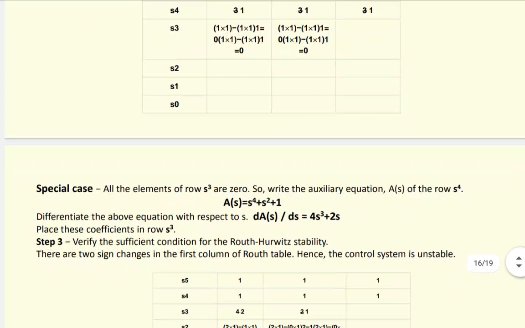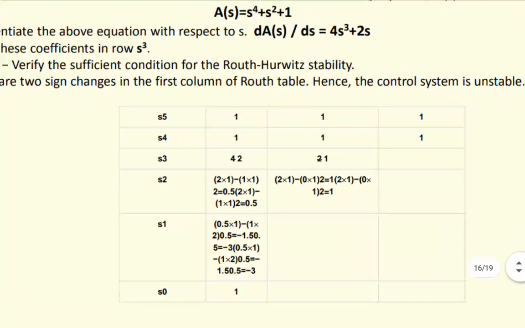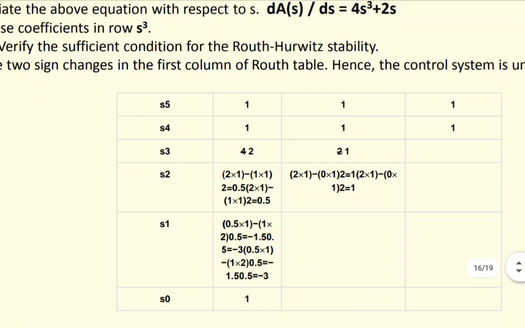Then we have to differentiate this expression with respect to s: dA(s)/ds = 4s^3 + 2s. Then we replace the s^3 row with these coefficients, which are 4 and 2.